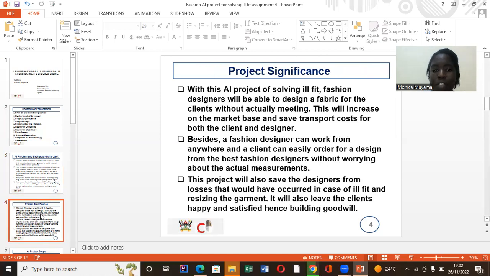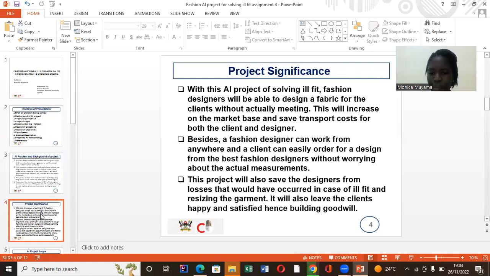The significance of my project: with this AI project for solving ill fit, fashion designers will be able to design a garment for the clients without actually meeting them. This will increase the market base and save transport costs for both the client and the designer.